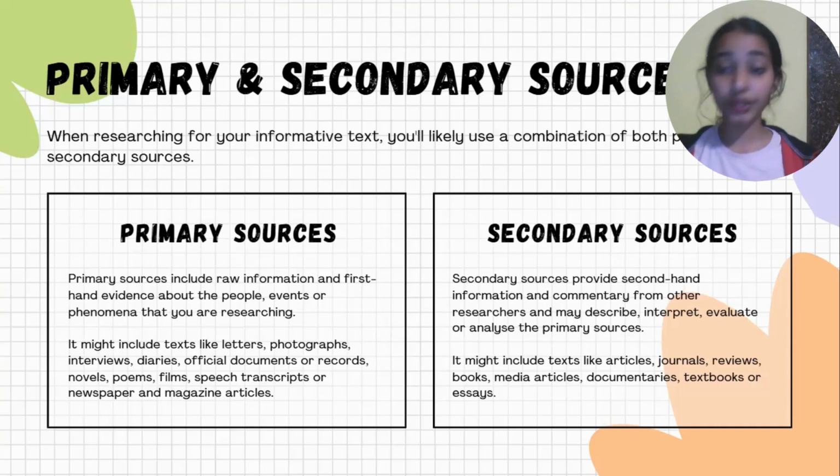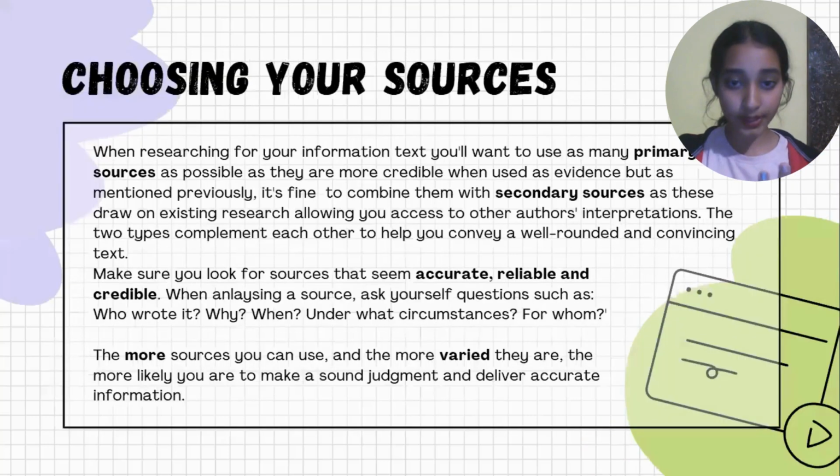So you could take text from articles, journals, reviews, books, media articles, documentaries, textbooks, or other essays. So these are the primary and secondary resources where you can take the content from, you can add your own words, and then you can create an amazing report.